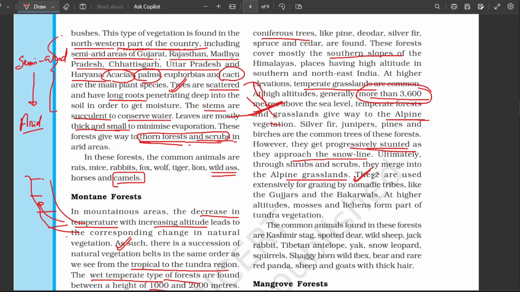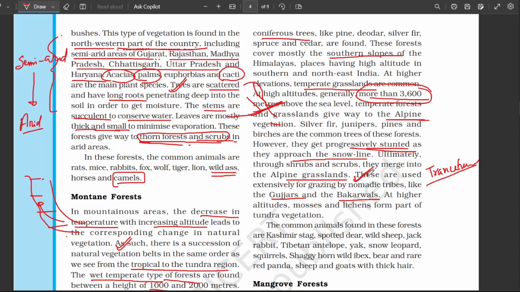बहुत सारी nomadic tribes होती है, for example Gujjars and Bakarwals. So how they use these grasslands for grazing. ठीक है, sheeps वगैरह पालते हैं ये. तो ये आप पढ़ोगे प्रोसेस, इसको बोलते हैं ट्रांसह्यूमेंस. इंपॉर्टेंट टर्म, ट्रांसह्यूमेंस. तो इसमें क्या होता है कि विंटर में तो यहाँ पर भी स्नो आ जाएगा, इन सब ग्रासलैंड वगैरह में भी, तो जाने लायक नहीं रहता है.